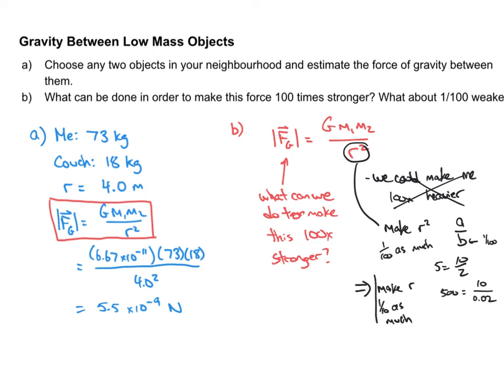Okay, if I can get a lot closer to the couch so that I'm only 1/10 as far away as I am currently, then the r value will be 1/10 as much, and the r squared value will be 1/100th as much, because 1/10 squared is 1/100th. And that's in the denominator of the fraction, so that effectively makes the entire value 100 times stronger. All right, so it took a while to explain that. Maybe a little confusing, but hopefully you can think about it a bit longer and try to understand that.